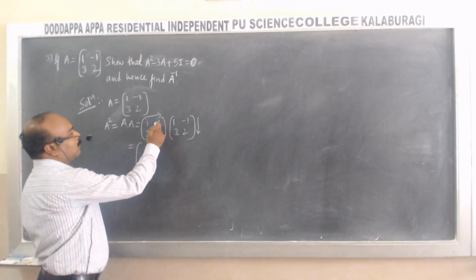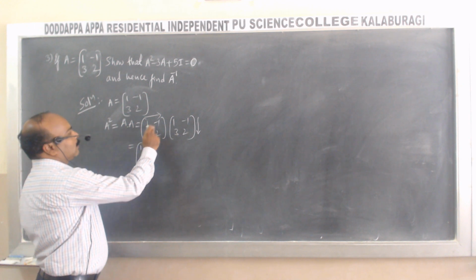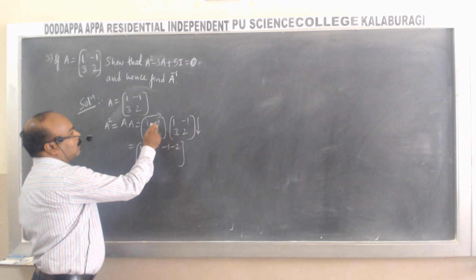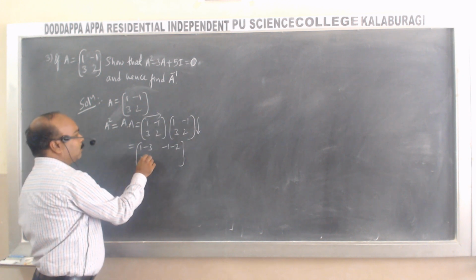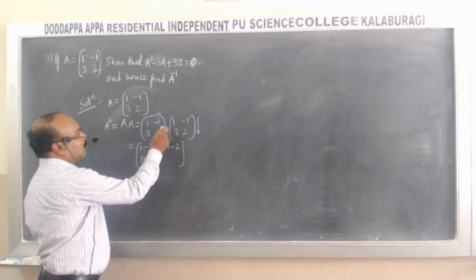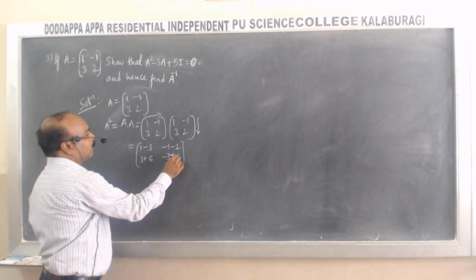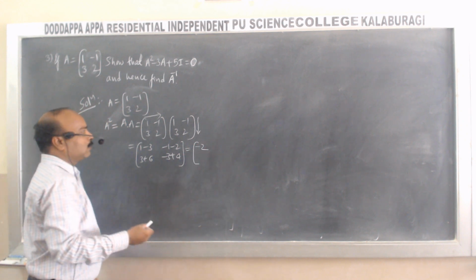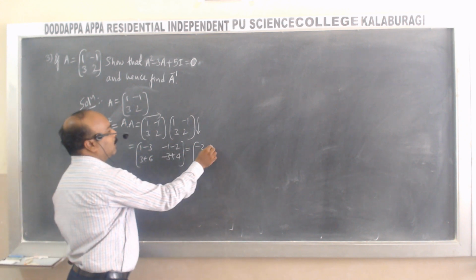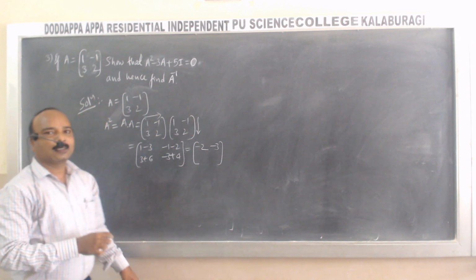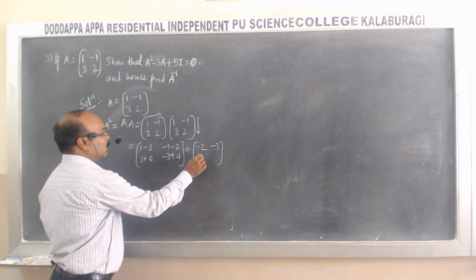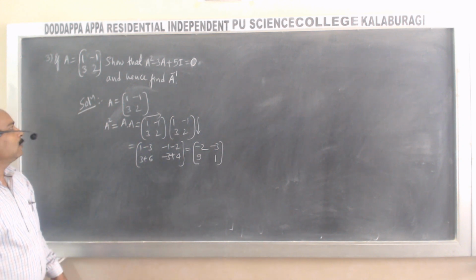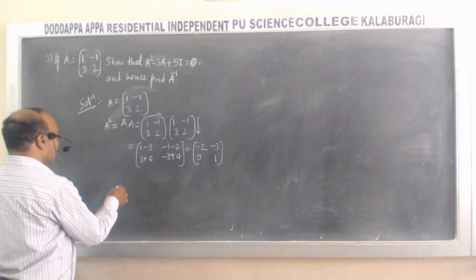First row with first column: 1 minus 3, next minus 1 minus 2, next 3 plus 6, next minus 3 plus 4. Then we get 1 minus 3 is minus 2, minus 1 minus 2 is minus 3, 3 plus 6 is 9, minus 3 plus 4 is 1. It is the A square value. Then we go for the LHS.